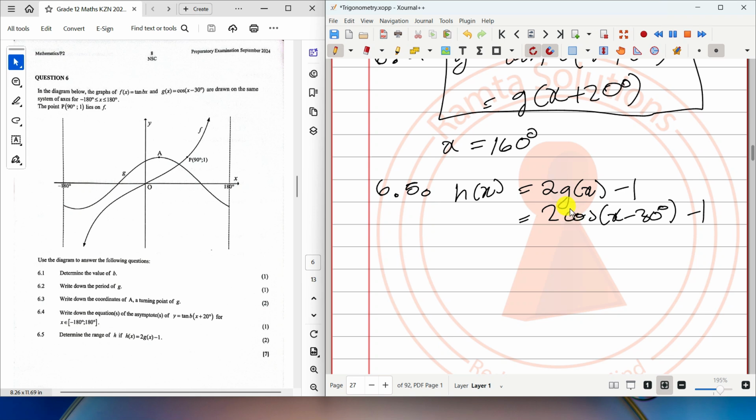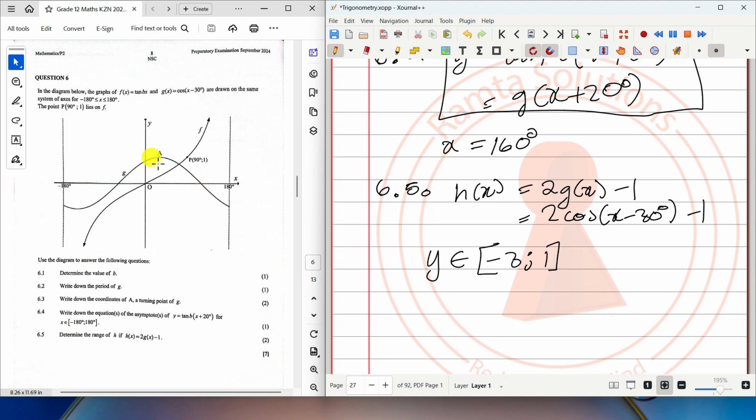So if it was 2 and negative 2, then y is an element of, included, negative 2 minus 1 which is negative 3, and positive 2 minus 1 which is positive 1. This is the range of this equation. Guys, remember what I said: it's g of x now amplified.